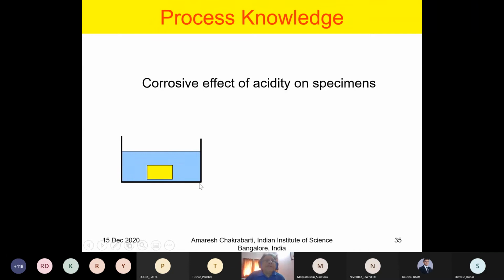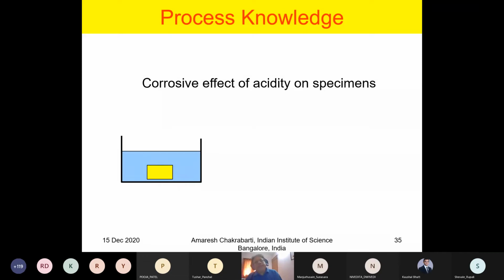The blue bit is the acid inside the bath, and the yellow bit is a specimen that you want to test its corrosivity. Okay, how corrosive this acid is for this object.